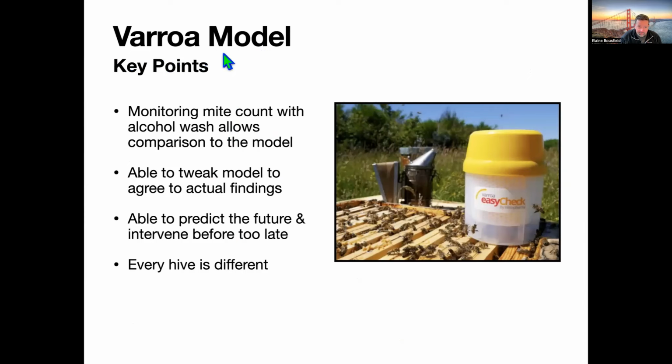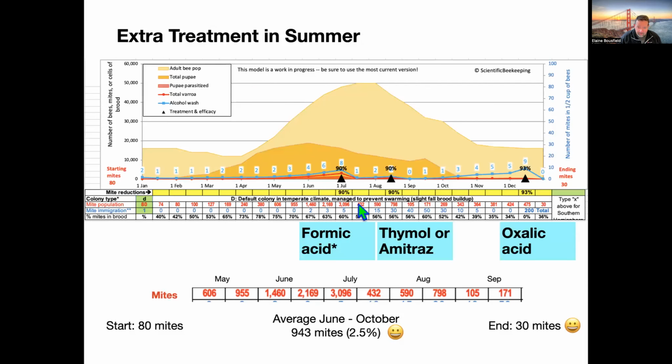Selling Randy Oliver's Varroa model here, if you monitor the mite count with an alcohol wash, you can compare it to the model. You can tweak the model. So, for example, if I did a mite wash in June and I had 10 mites, then I'd have to increase this starting number, maybe put it up to 120, 140, until I got 10 here.